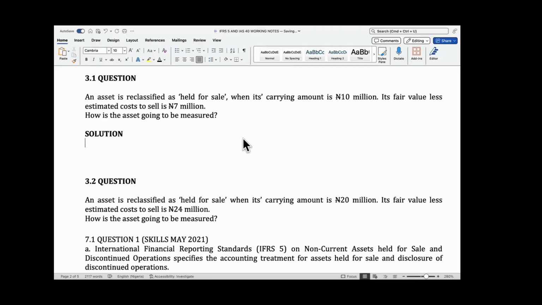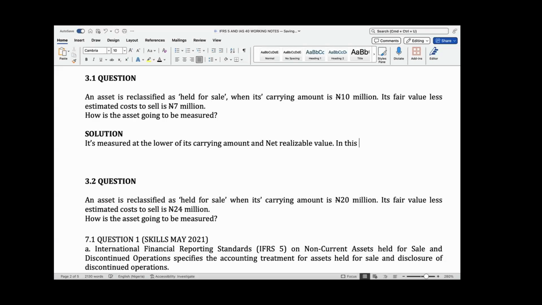An asset is reclassified as held for sale when its carrying amount is 10 million naira. Its fair value less estimated cost to sell is 7 million naira. How is the asset going to be measured? Okay, it's measured at the lower of its carrying amount and net realizable value.